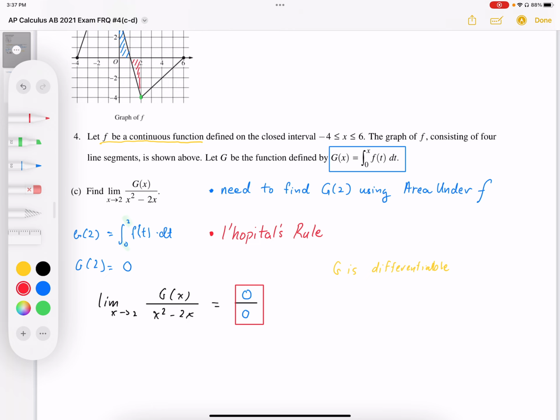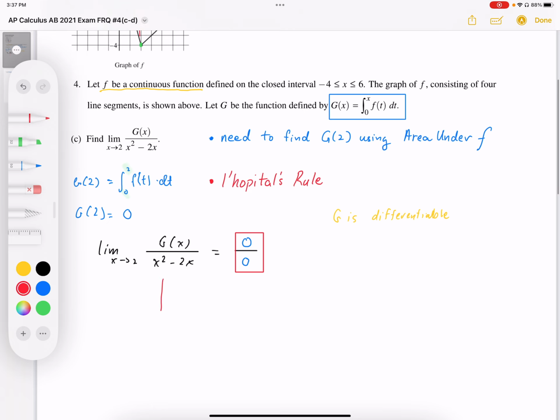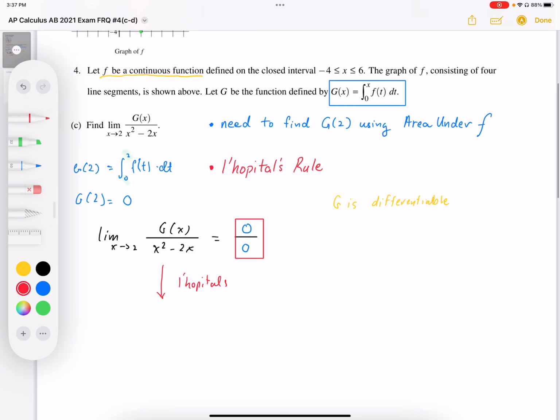So applying L'Hopital's then, I'm going to end up with the limit as x approaches 2 of g prime of x over 2x minus 2. And then I'm going to evaluate this limit.